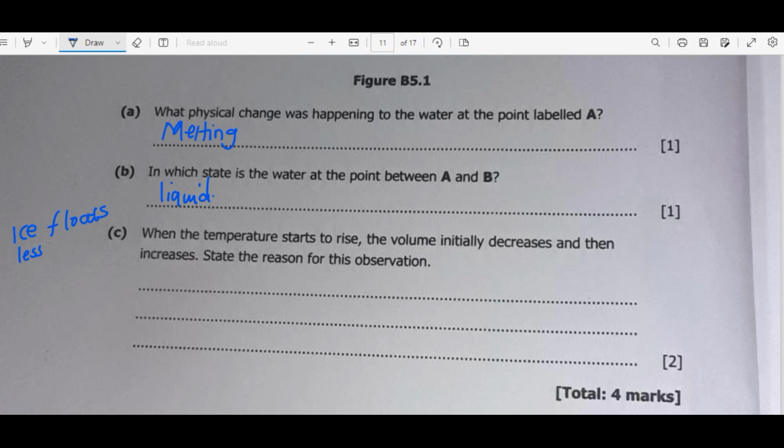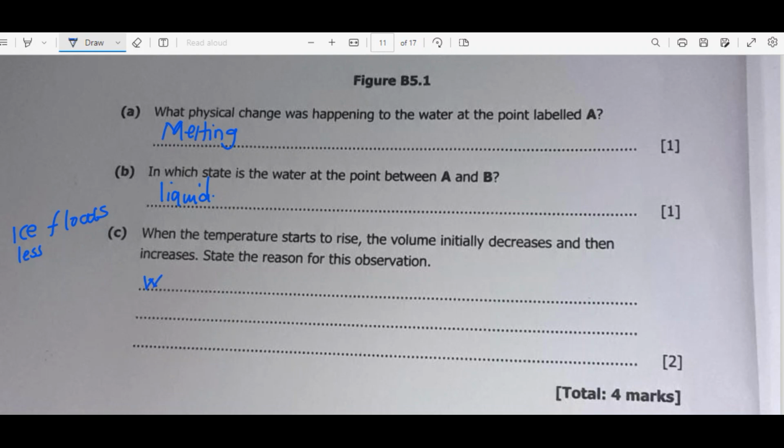So the whole thing is about what happens in terms of the volume when a substance is changing from a solid into a liquid. So we are looking at when the temperature starts to rise, the volume initially decreases and then increases.